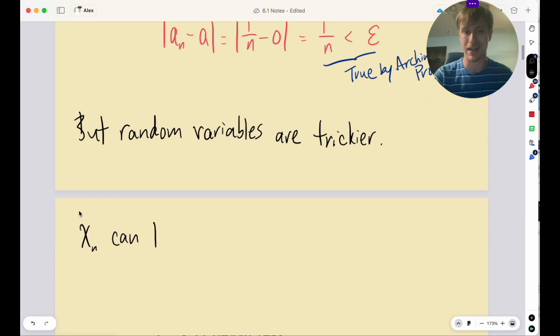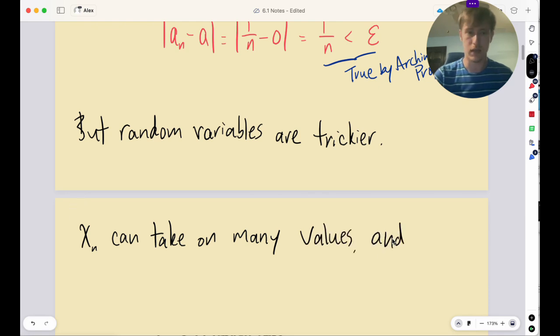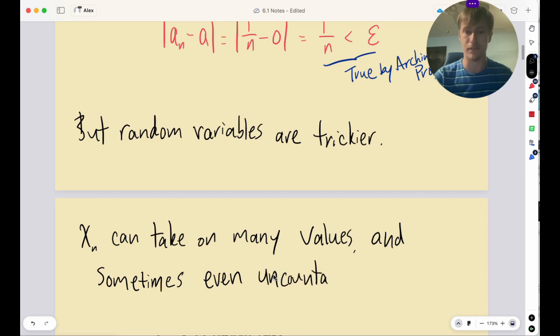So X sub n can take on many values, and in some cases, sometimes even in the case of a continuous random variable, could be uncountably many.